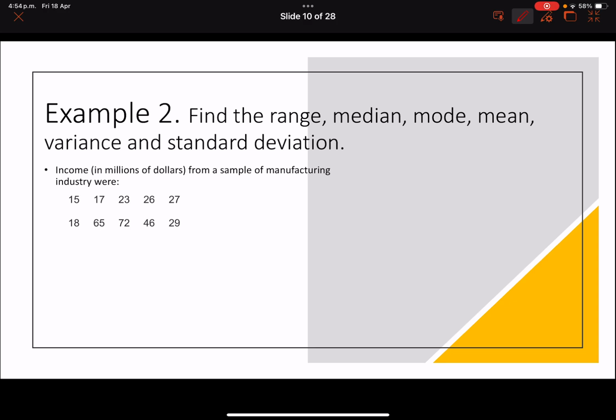Let's do another one. Find the range, the median, the mode, the mean, the variance, and the standard deviation. Here we're talking about income in millions of dollars from a sample of the manufacturing industry, so we're changing our formulas for a sample.